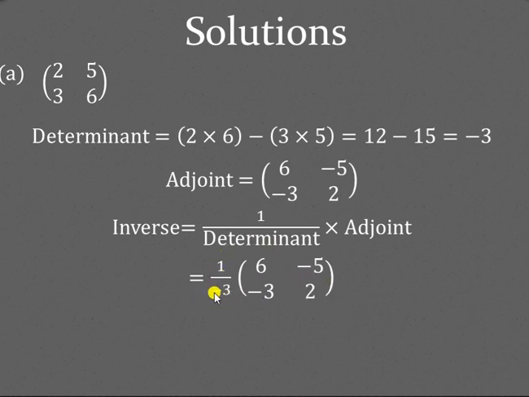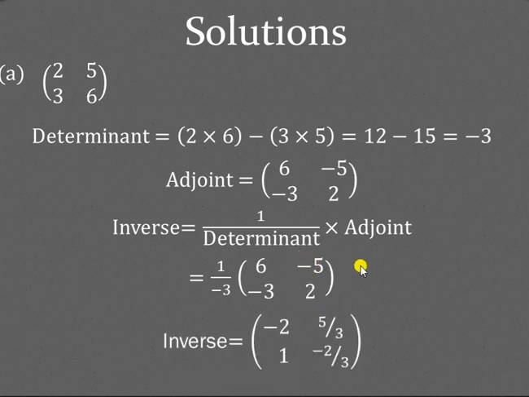Now 1 out of -3 is as good as -1 out of 3. A negative is mathematically allowed to move to the numerator. And so the concept here is you're going to multiply each of these elements by -1/3. So it will be 6 by -1/3, -3 by -1/3, -5 by -1/3, and 2 by -1/3.